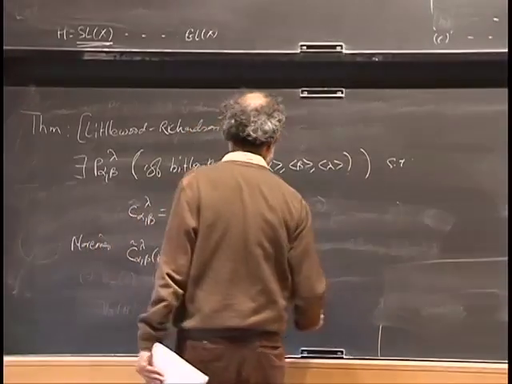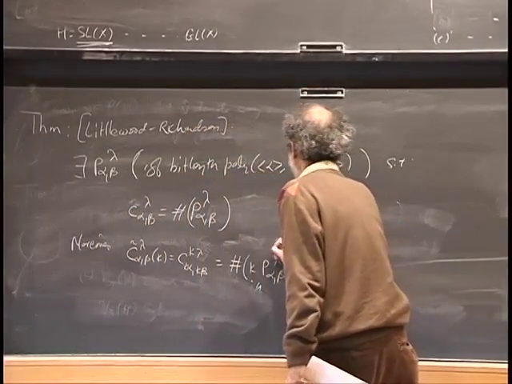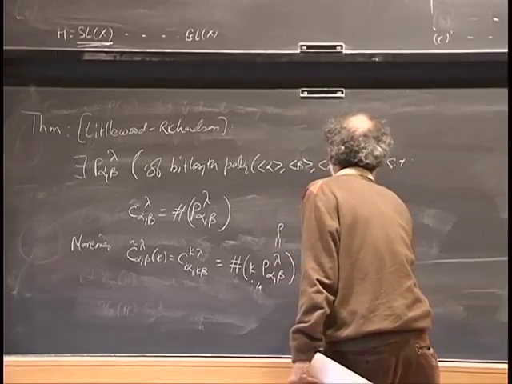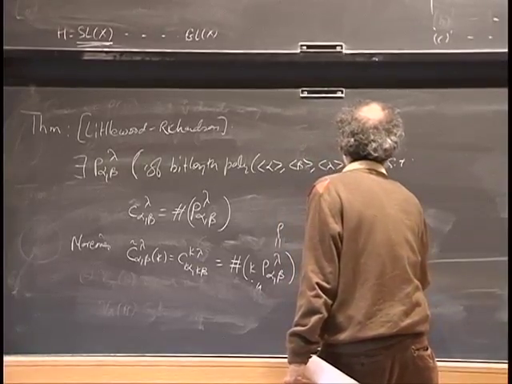So if this is P, then this is what we are calling the Ehrhart quasi-polynomial of this polytope.